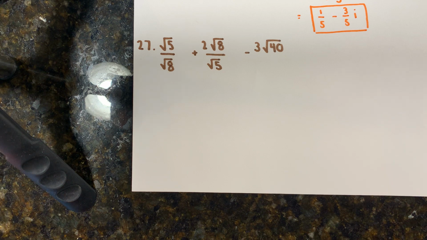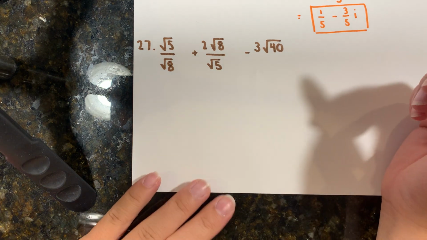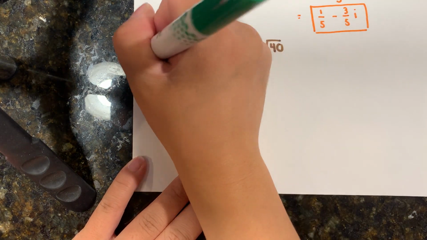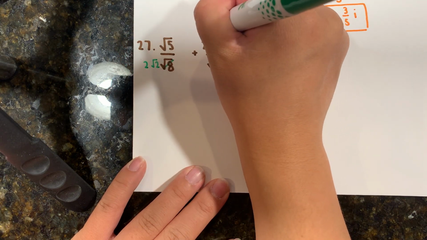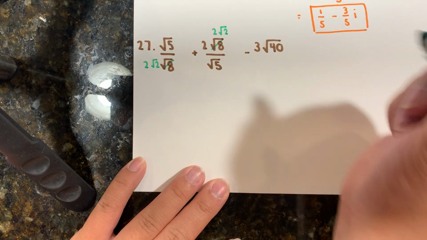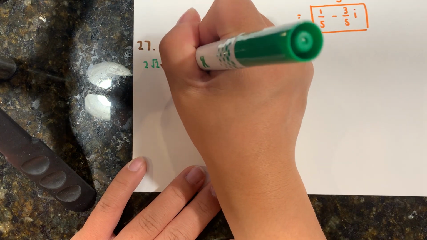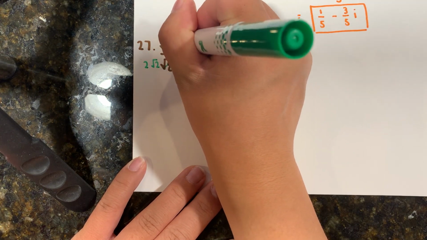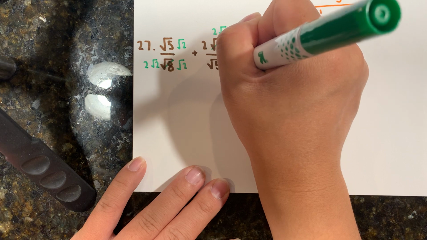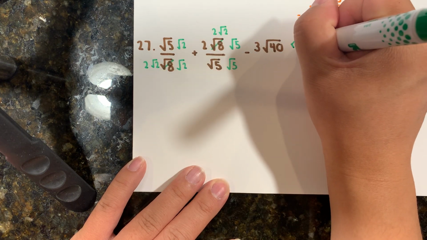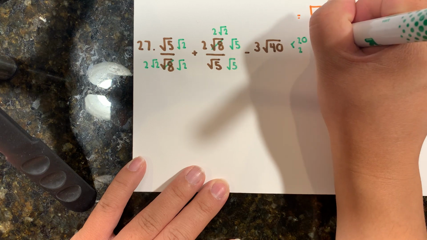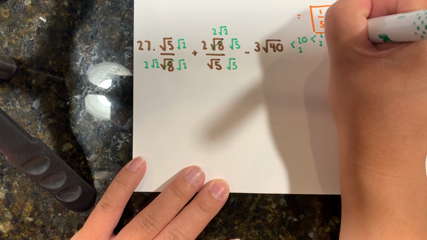Now for number 27, before I simplify this, I'm actually going to simplify the square root of 8, which is 2 root 2. So this would be 2 root 2. This would be 2 root 2. So I'm going to multiply top and bottom by root 2 for this one, and then root 5 for this one. And then the square root of 40 would be 2 and 20, and then 2 and 10.